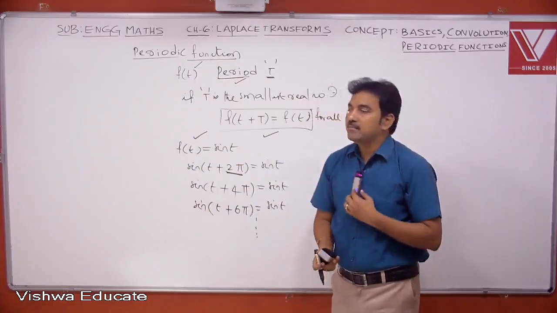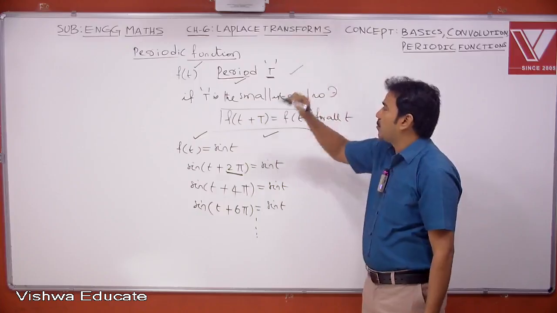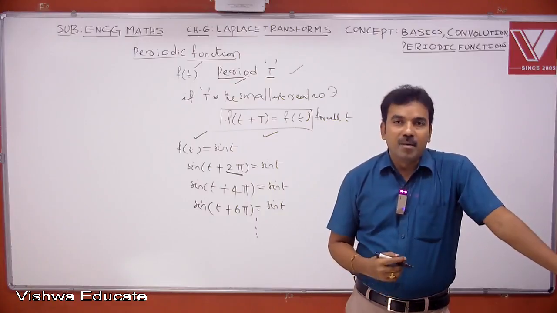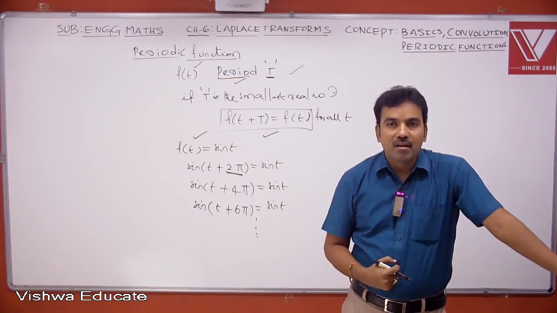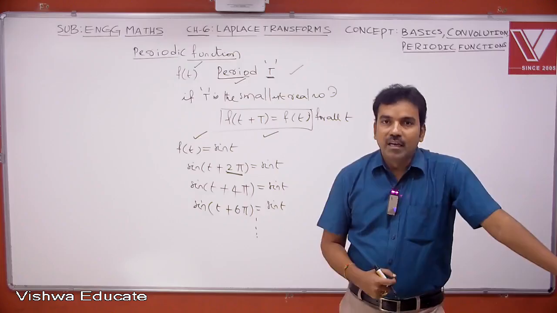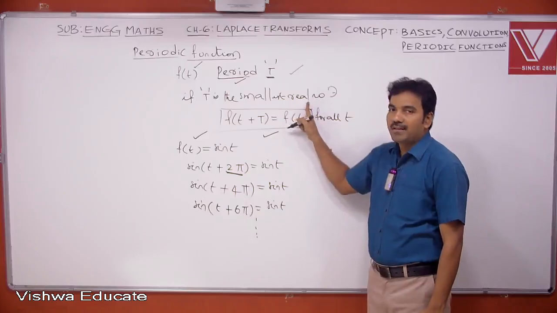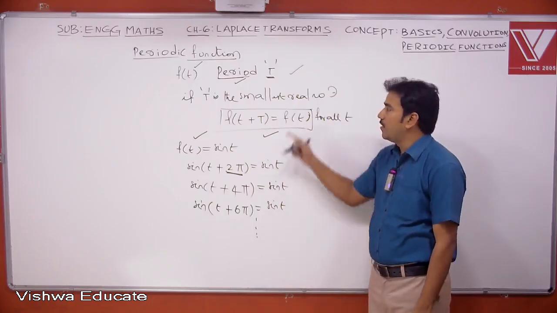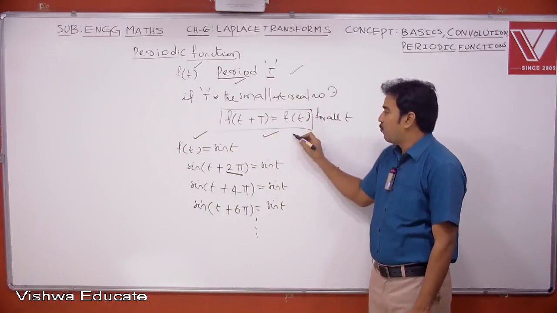A function f of t is said to be a periodic function with a period capital T if capital T is the smallest real number such that f of small t plus capital T equals f of small t for all t.